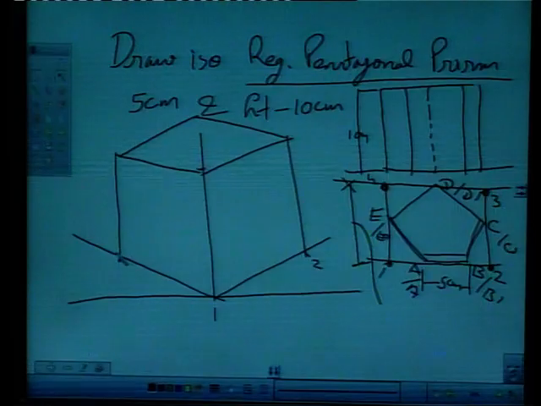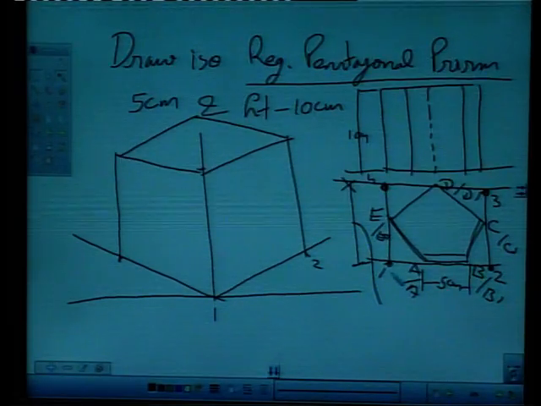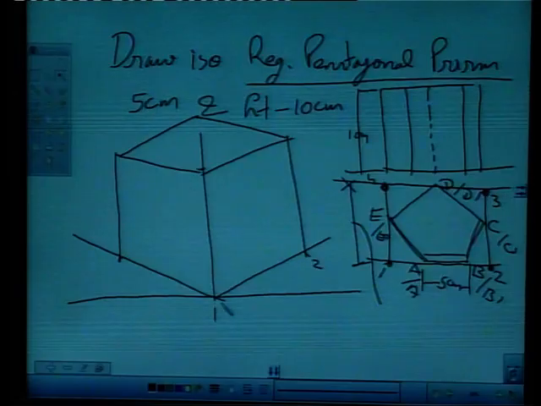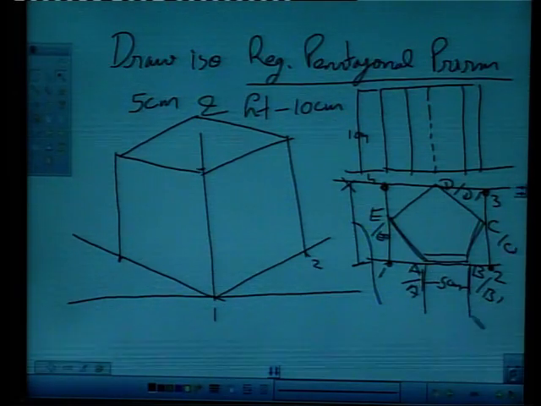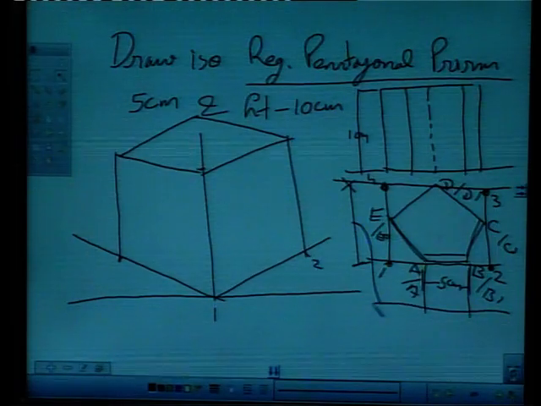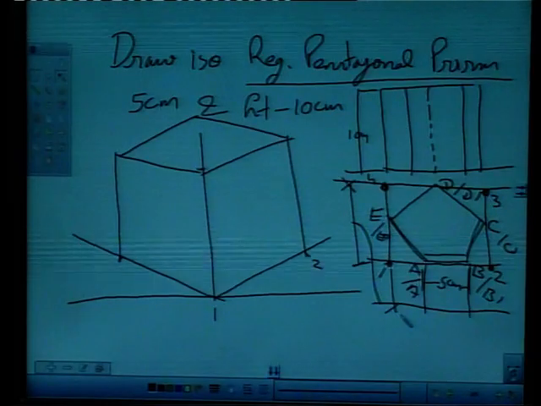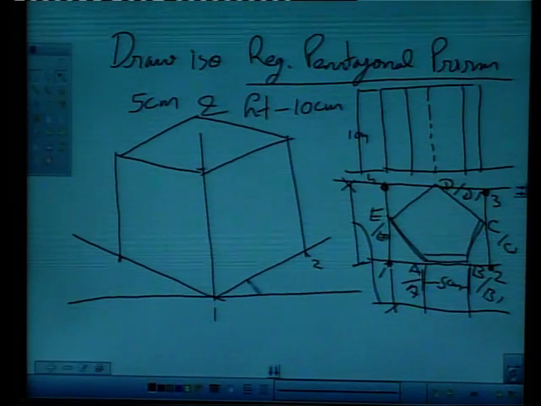Okay. This is drawing of a cuboid which contains our regular pentagonal prism, right? We have point 1 and 2, 1 and 2 here, 1 and 2. On 1 and 2 we have point A and point B, right? Measure from this orthographic drawing, this distance from point 1 to A, say this is like this.